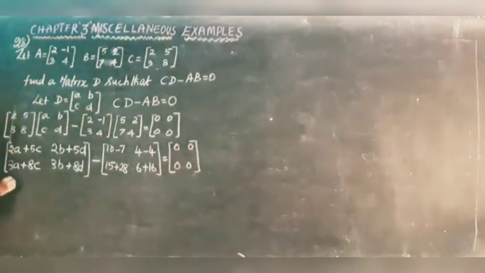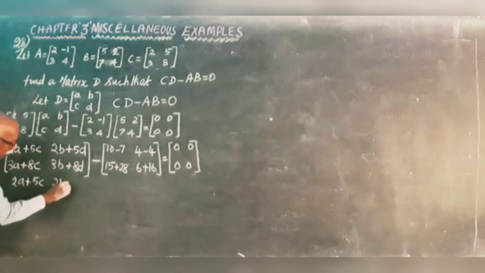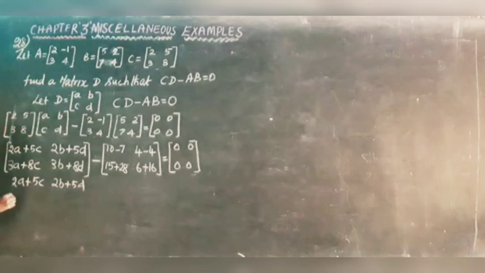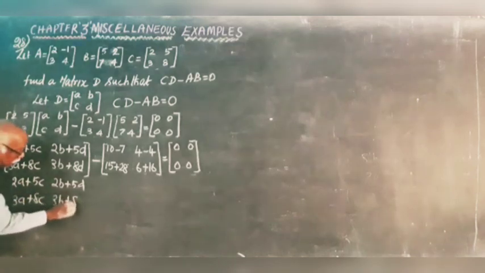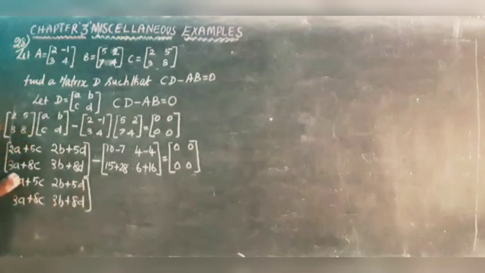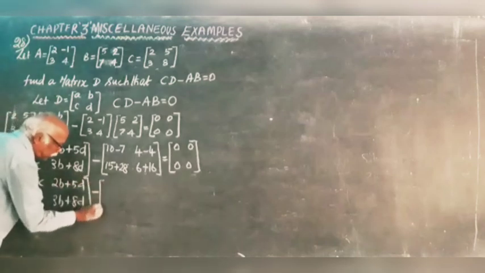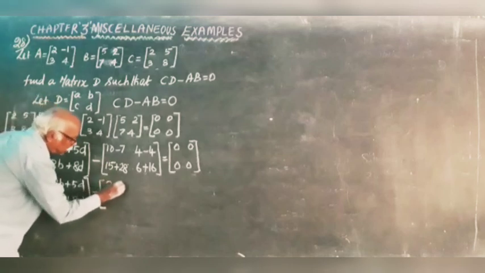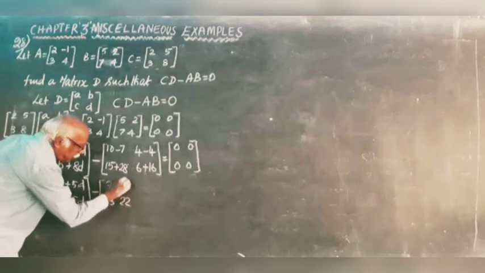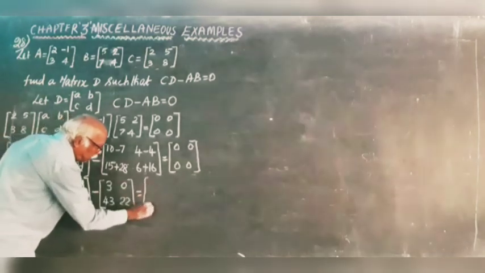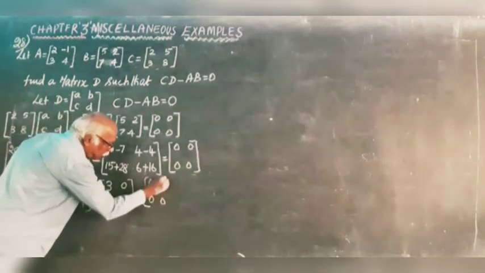Then [2a plus 5c, 2b plus 5d; 3a plus 8c, 3b plus 8d] minus [3, 0; 43, 22] equal to the null matrix. Then we can form equations.